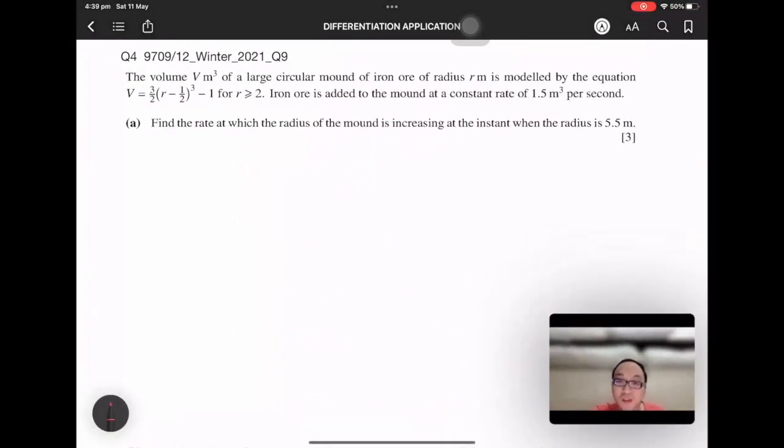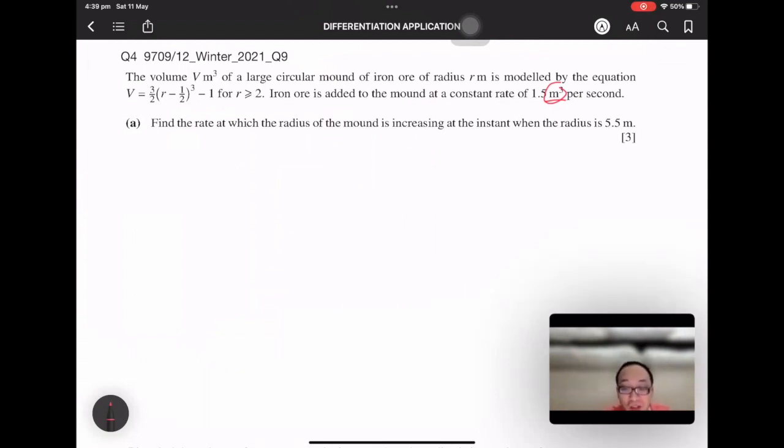Number 4. The volume V of the large circular mound of iron ore of radius r is modeled by an equation. Iron ore is added to the mound at a constant rate of 1.5 meter cube per second. You see that this is a meter cube, so the unit of volume.